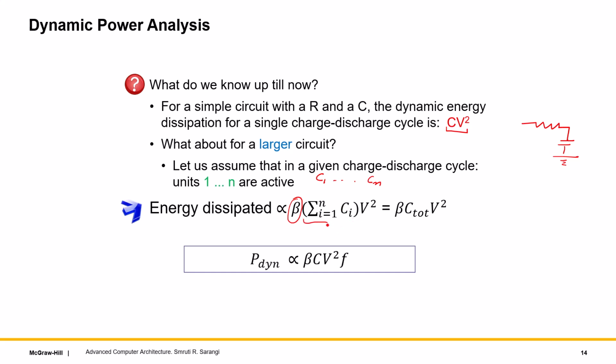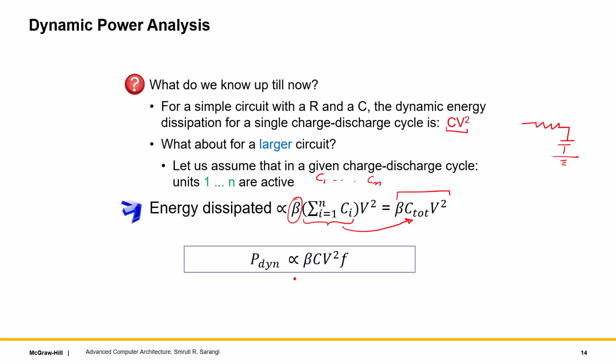So you can think of this as a lumped capacitance and replace it with C tot, the capacitance of the larger circuit. As you can see, the formula remains the same, it's still beta times CV square. So the overall formula remains the same, subject to the assumptions that we have made.